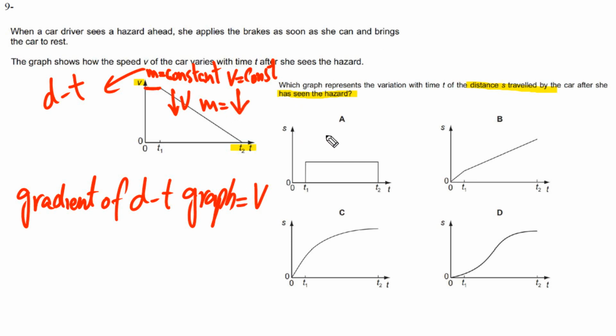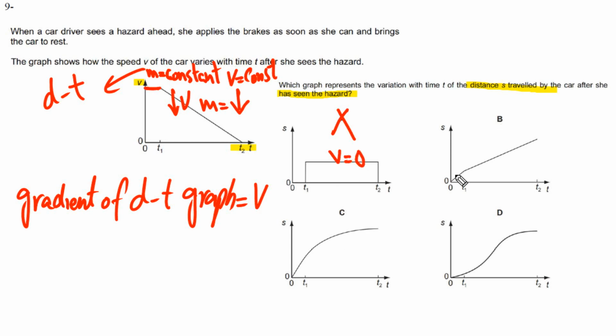Now if you look at option A, this is simply telling us that s is not changing with time. This is absolutely not a possible answer, because it means the object is at rest, so the velocity is equal to 0.